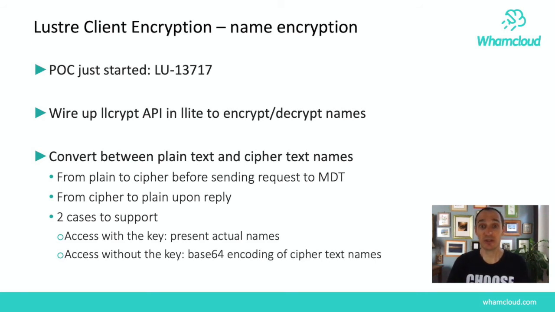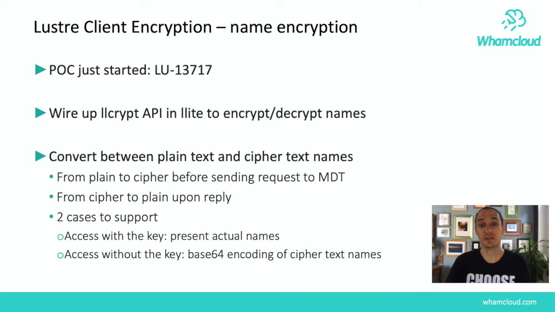We have two cases to support. When we access with the keys, of course, we have to present actual names and carry out decryption and encryption conversely. And we also have to support the case of accessing the file system without the key. And in this case, we need to base64 encode the ciphertext names.